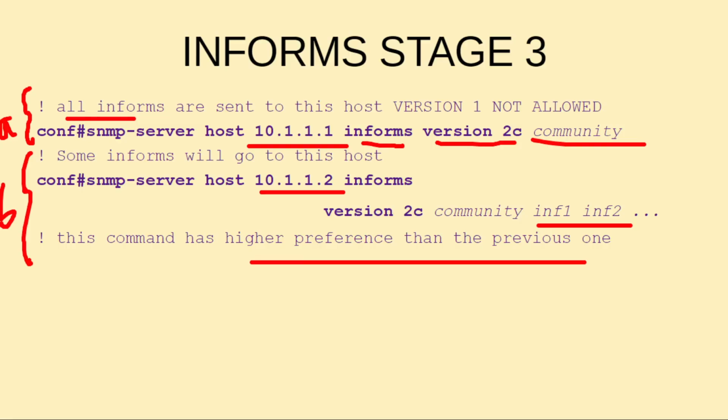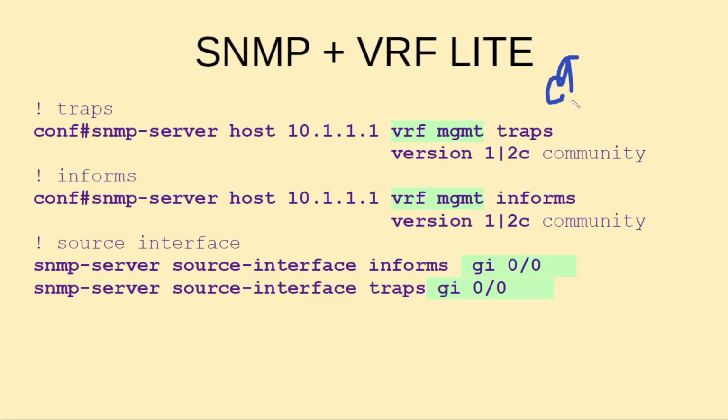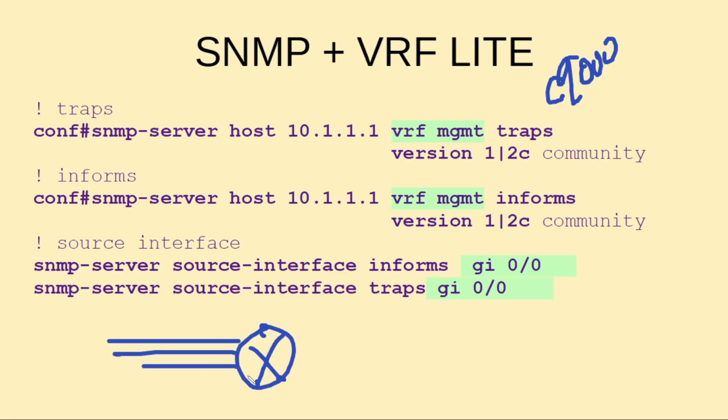Now, when using Catalyst 9000s, we can face this scenario where we have several interfaces that are production interfaces, and we have a particular interface that belongs to a particular VRF, the management VRF that is created by default. Let's say that this interface is gigabit 0/0.